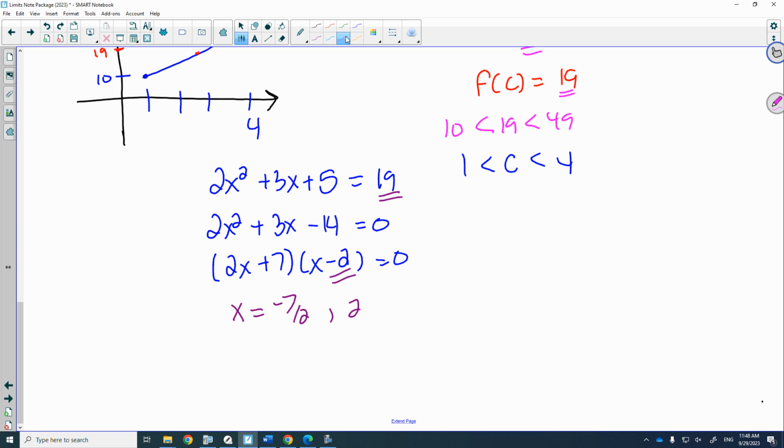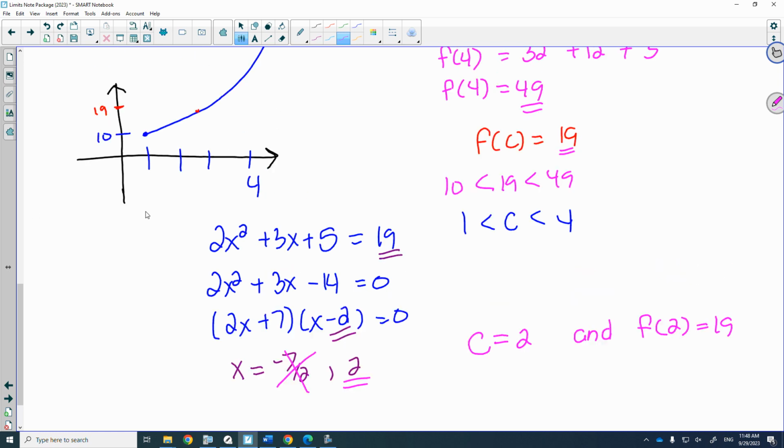It's got to be within the given interval of 1 to 4, so it's not going to be this one. C is going to be equal to 2, and what I could say is f of 2 is equal to 19. So what that means is this graph is slightly off. This is my c value. 19 would be right there.